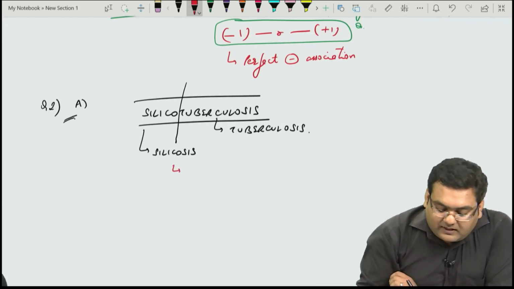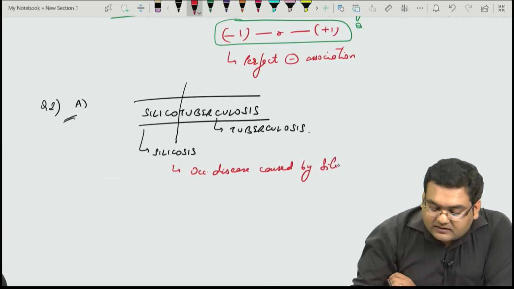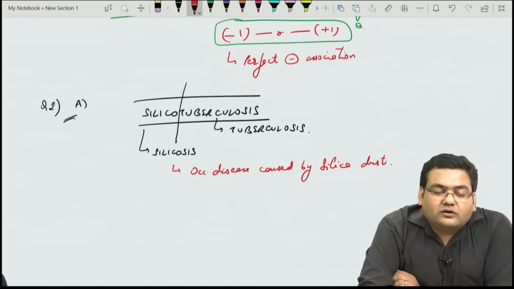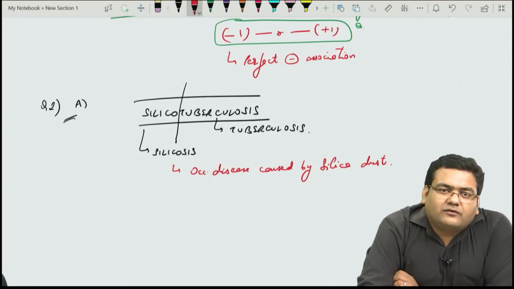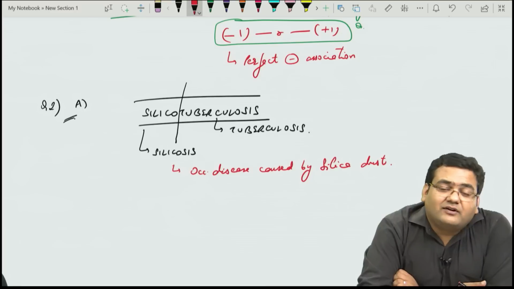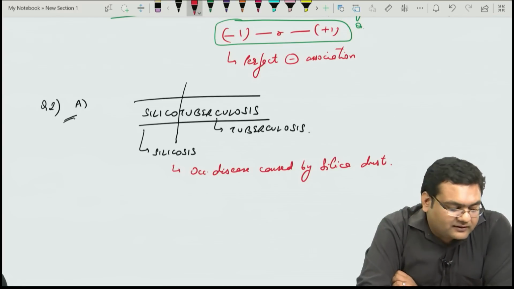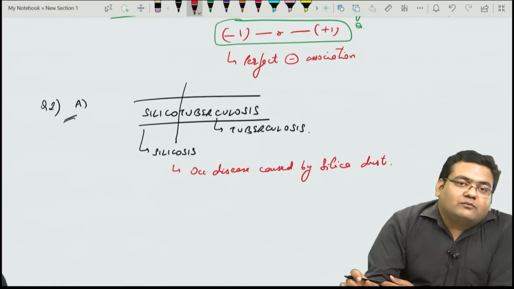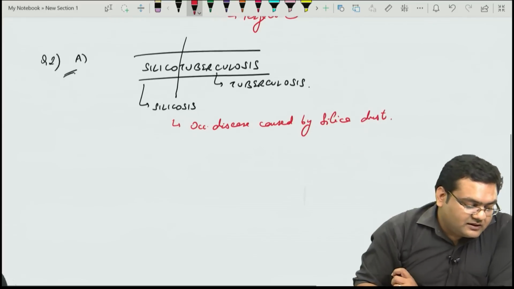Silicosis is an occupational disease caused by silica dust. So silicotuberculosis means those individuals who are suffering from silicosis and have a high probability or chances, or they are having tuberculosis, the combined entity becomes silicotuberculosis. They are more susceptible actually.